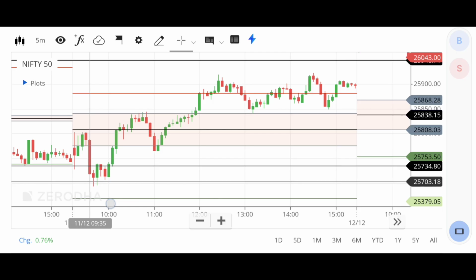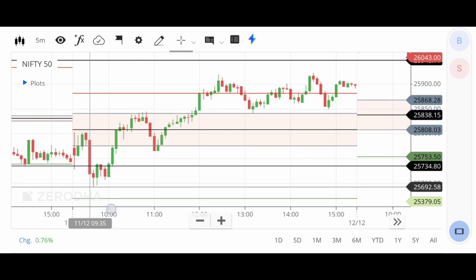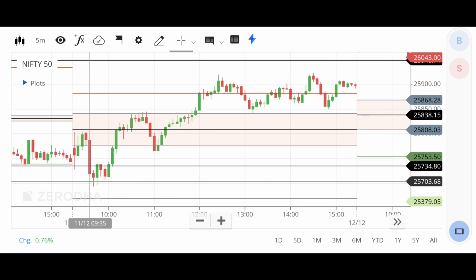So a long red candle was found at 9:35 and broke the previous day low with strong strength. Okay, you can see the length of the red candle. It doesn't have any wick from below or above. So you can see the good strength with this candle. So at 9:35 itself, it broke the previous day low.